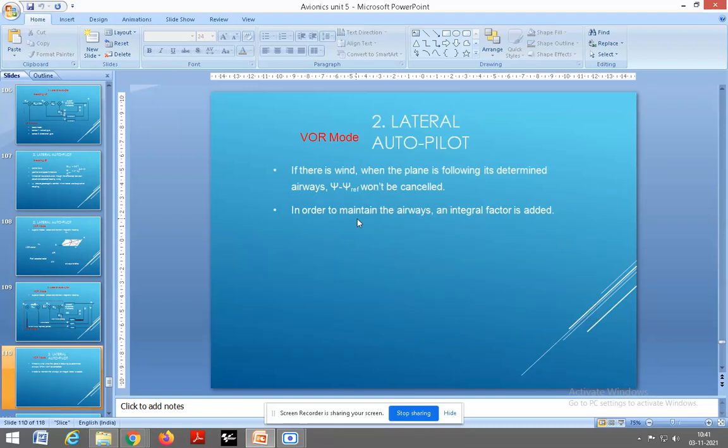For example, if you have heavy wind while you are on the path, then the plane will deviate from the airway, that is, the angle will change with respect to the reference angle. So the reference angle has to be compared with the actual angle.